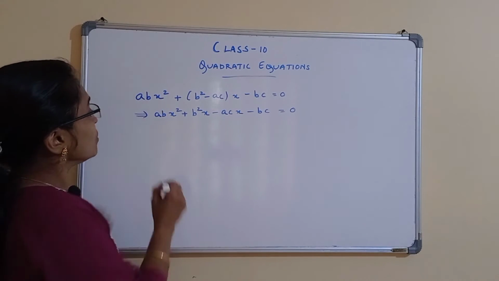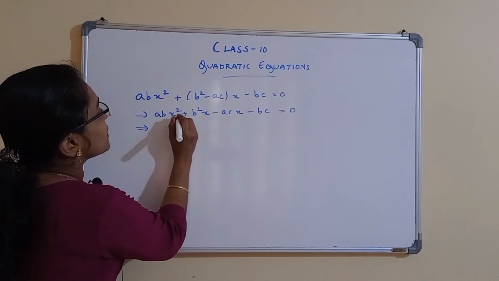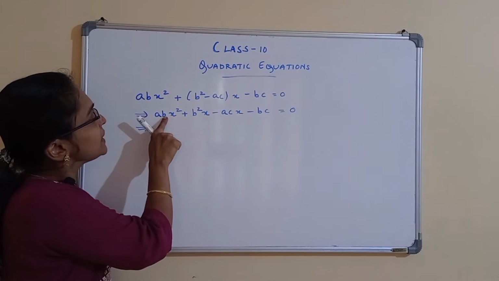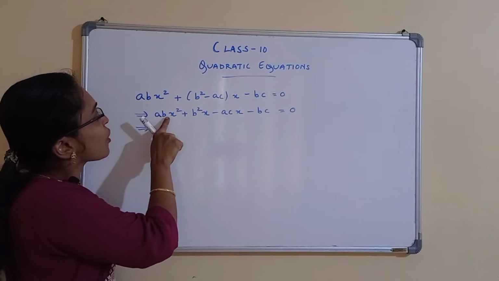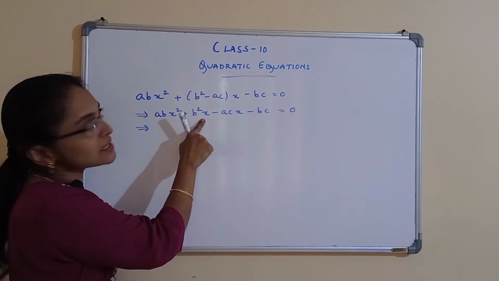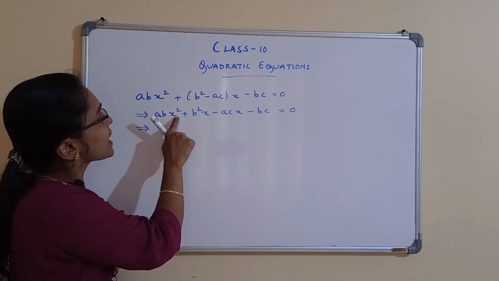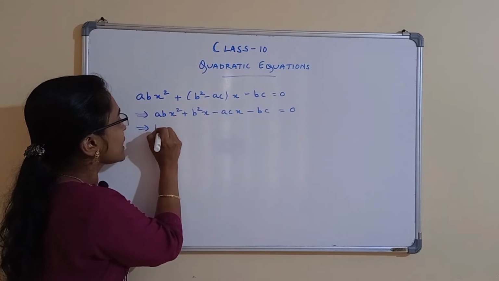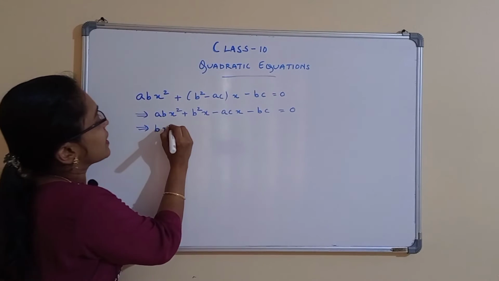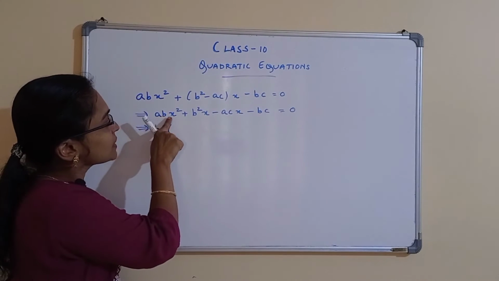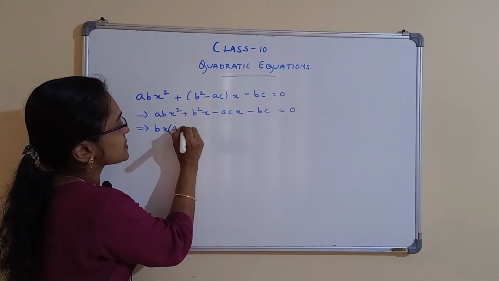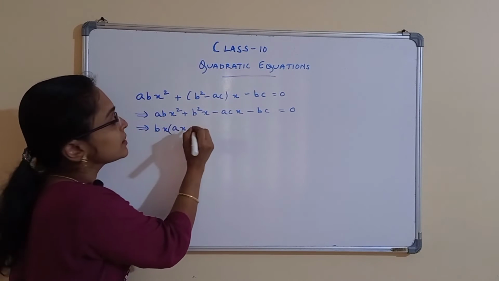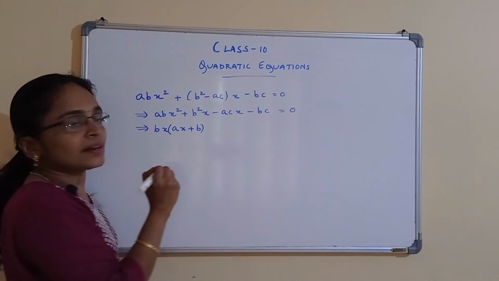Okay. So, we can take b and x common from this, right? From these two terms we can take b and x as common. So taking bx outside, what is remaining here? ax. And what is remaining here? b. Right?